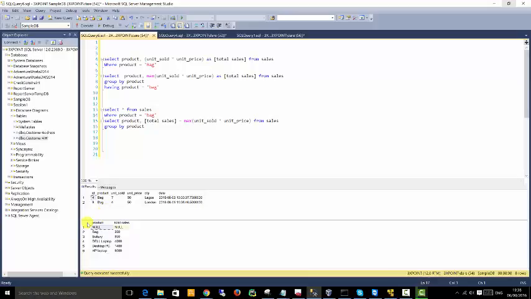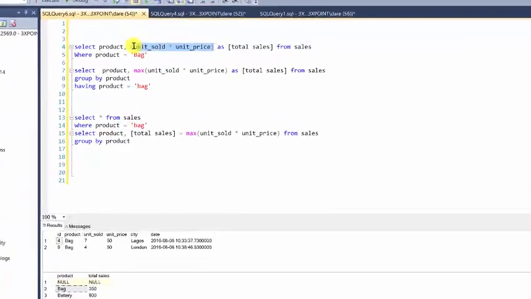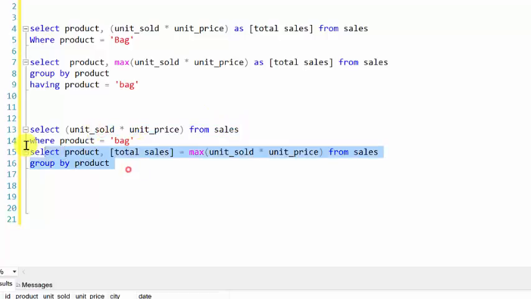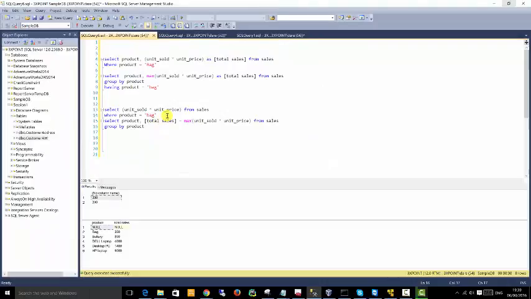So bag we have 350. Oh, we actually need the total sales. So what we will do in this case is bring this back and run this. Okay, so I believe you understand what this query is doing, the one at the top.